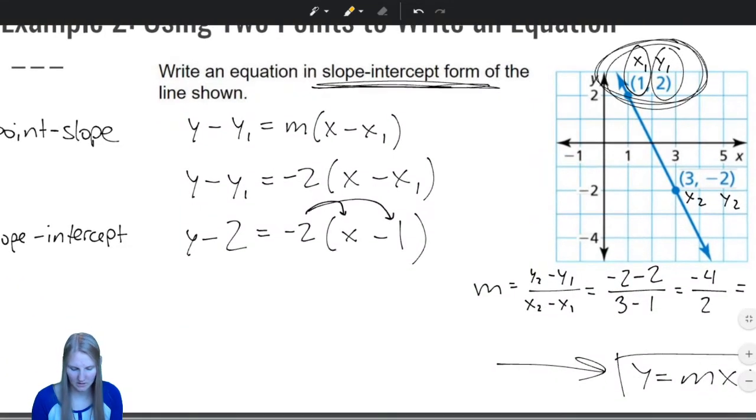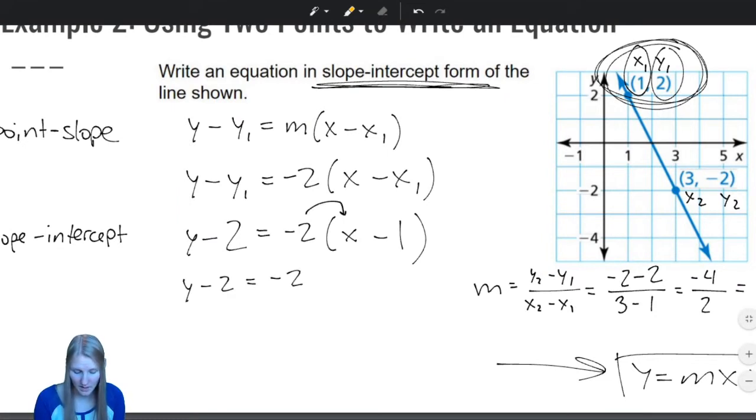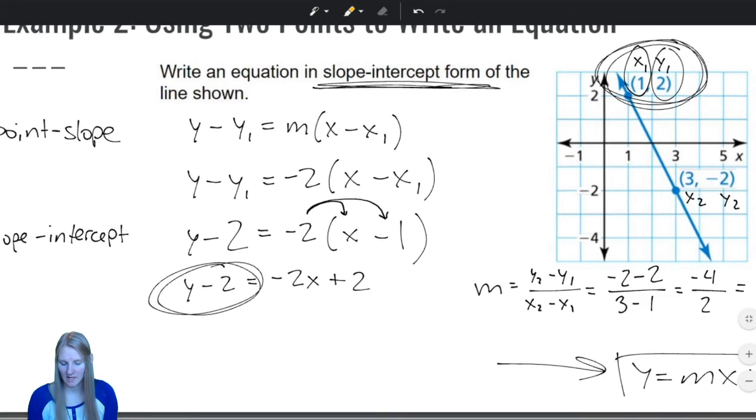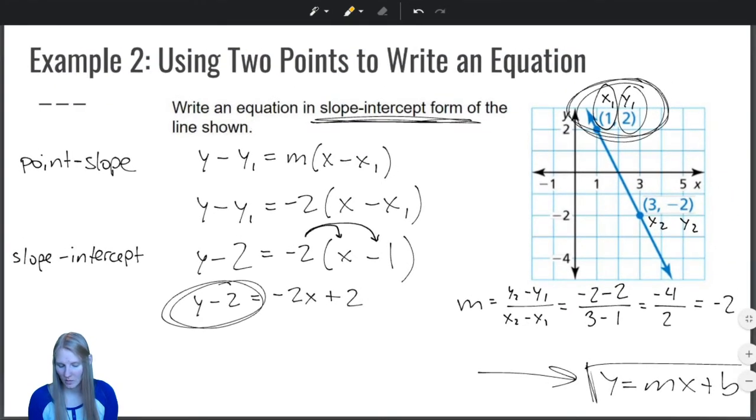Zoom in so we can see better. Y minus 2 equals -2 times x, and -2 times -1. Negative times a negative is a positive. 2 times 1 is 2. Perfect. Now I just need to get y by itself so that it looks like y equals mx plus b.